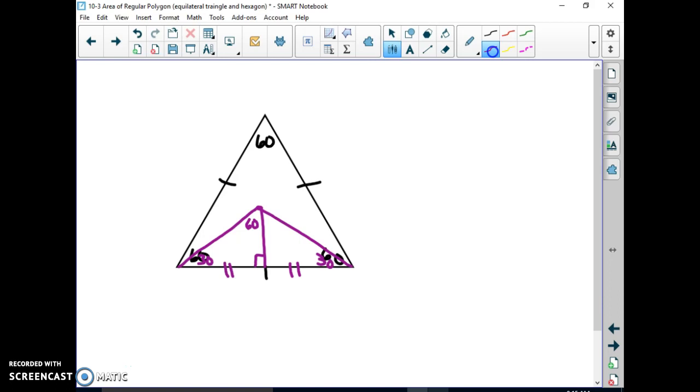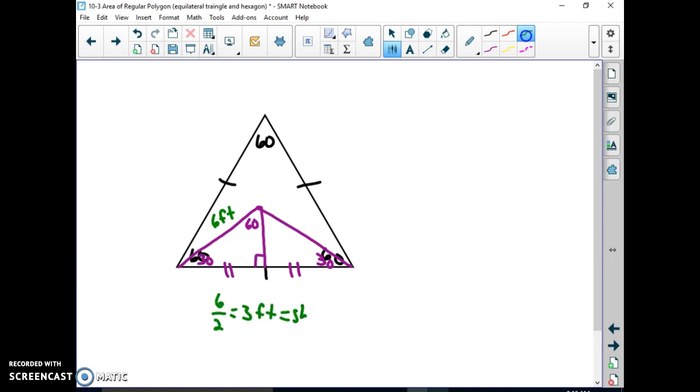So in this problem, again, I'm going to give you the radius. To make this easy, let's make the radius here 6 feet. Again, I know the hypotenuse, so I can find the short leg. The short leg is half of my hypotenuse, so my short leg would be 6 divided by 2, which is 3 feet.